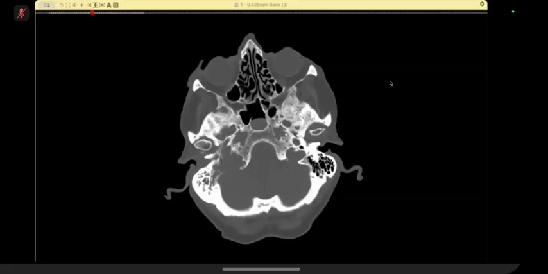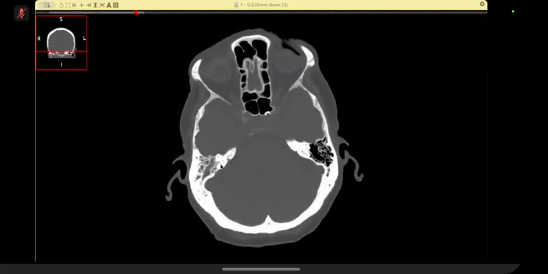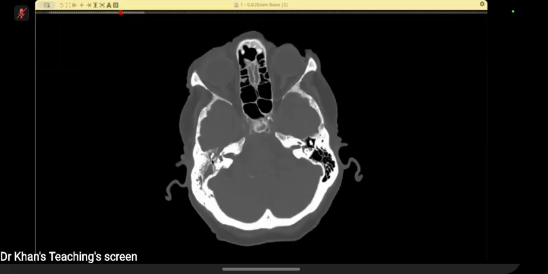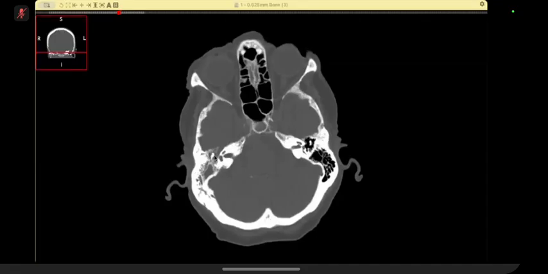Now on these images, this is the middle ear cavity in the region of the aditus and mastoid antrum, and this is the epitympanum region.